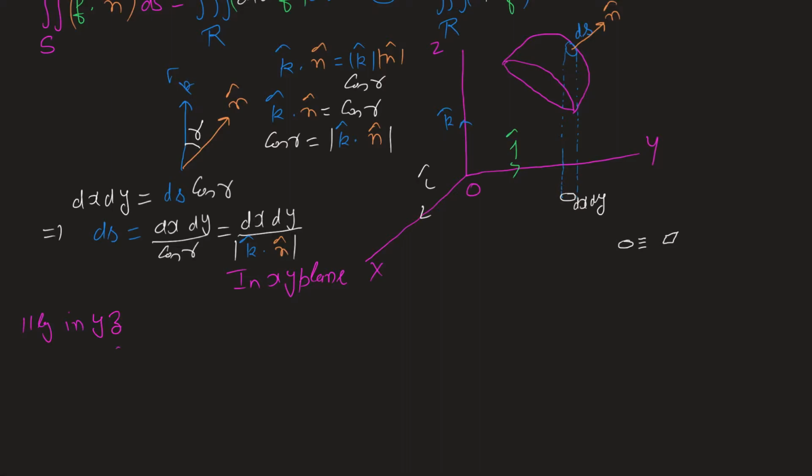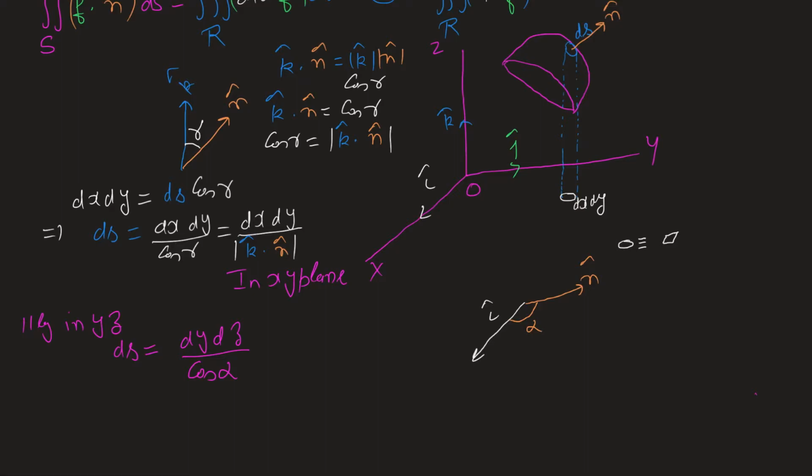In yz, we will be getting ds equal to dy dz divided by cos of alpha. If we see the angle, say this is the unit normal along the x-axis, and this is the direction of n cap. So this angle is alpha. If it is greater than pi by 2, we will take its mod.